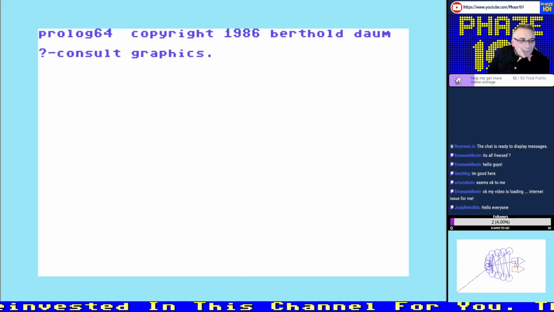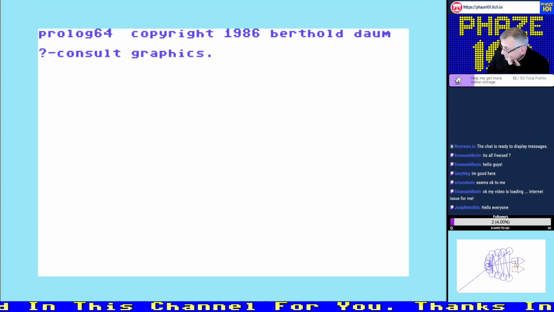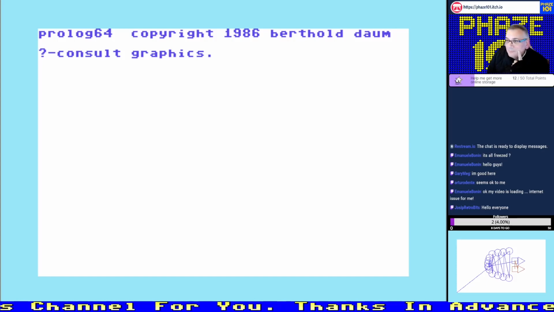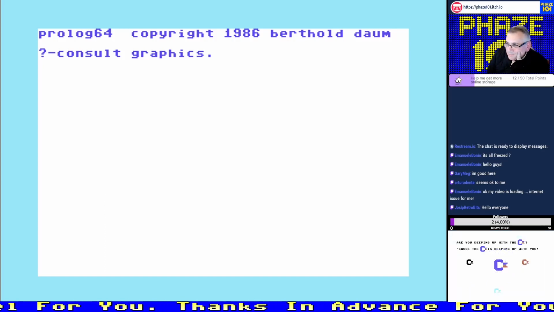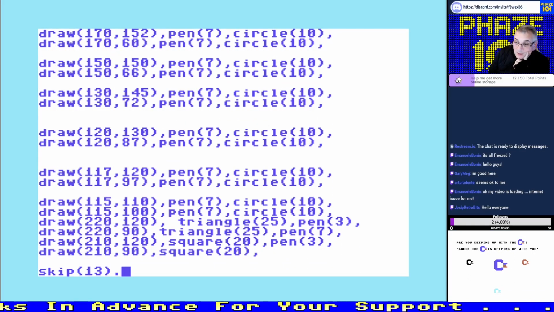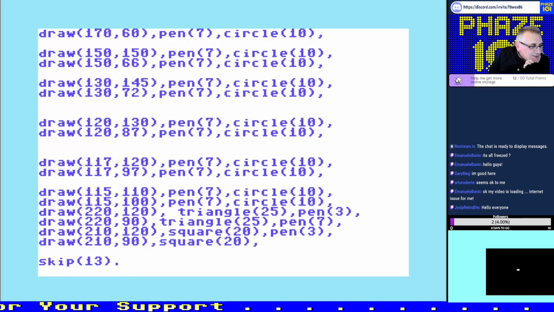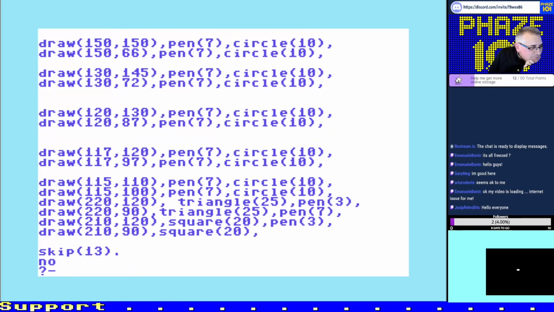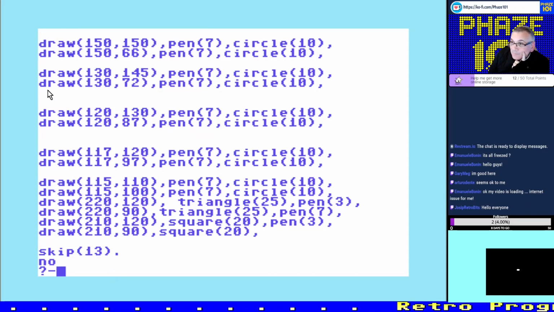This is the first command in the Prolog language, and now it is pasting the rest. So I hope that once I press enter, it starts running. And it didn't, which means it didn't paste properly.